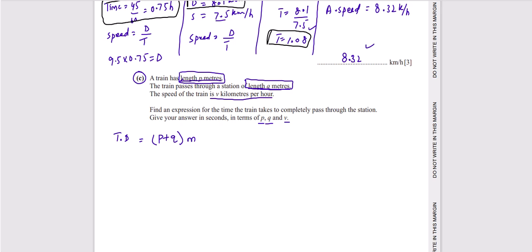Okay, and now speed is in kilometer per hour. V kilometer per hour is equal to v. So kilometer converts into meter. So 1 kilometer is equal to 1000 meter. And 1 hour is equal to 3600 second. Calculate these values.